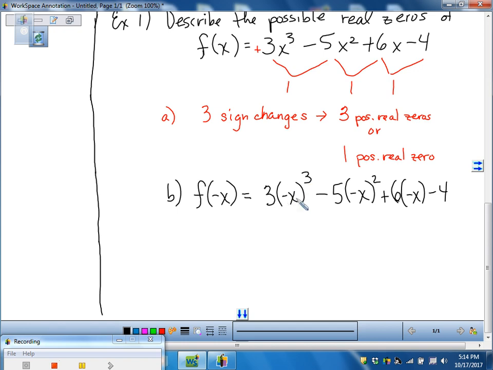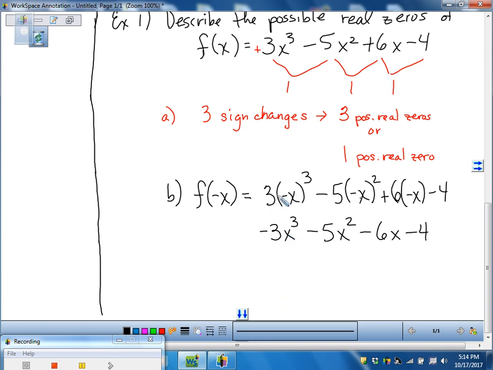This negative x cubed is negative x cubed, so we're going to end up with negative 3x cubed. Negative x squared becomes a positive x squared times a negative 5, so that remains a minus 5x squared. 6 times negative x is a minus 6x, and then minus 4.